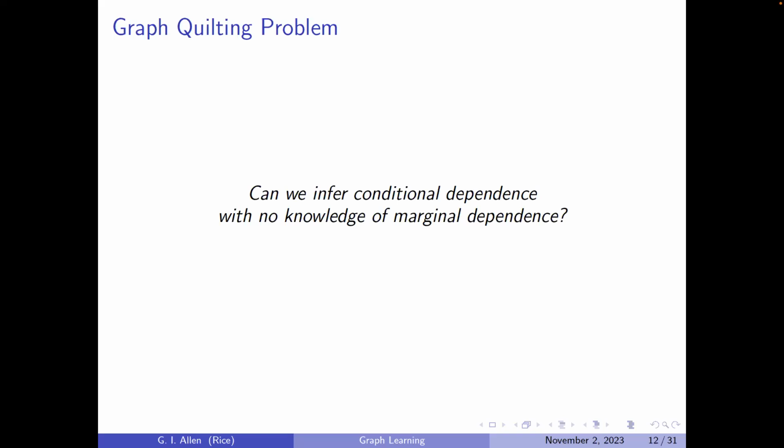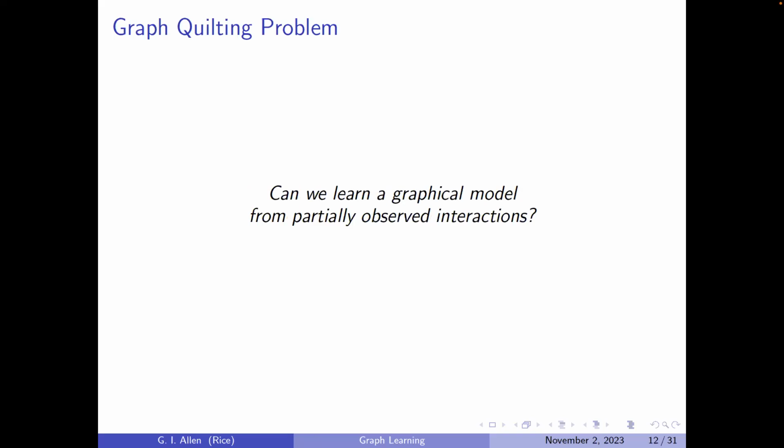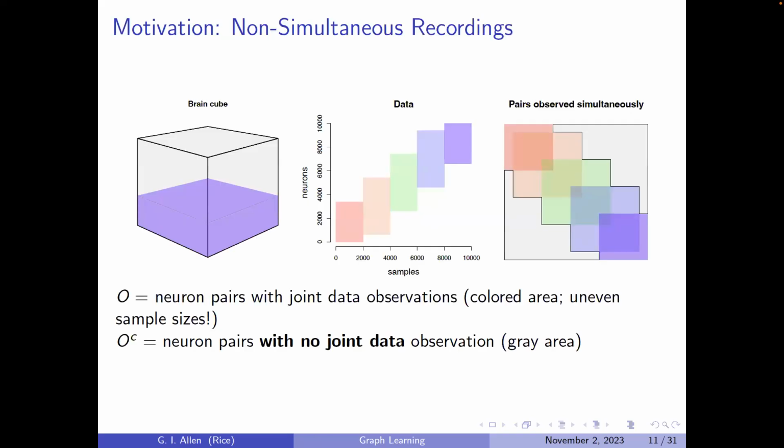My neuroscience collaborator was adamant that we solve this because he, oh yeah, question. Would you be able to infer marginal dependence using the fact that it's correlation, and just do a positive definite completion? You could.